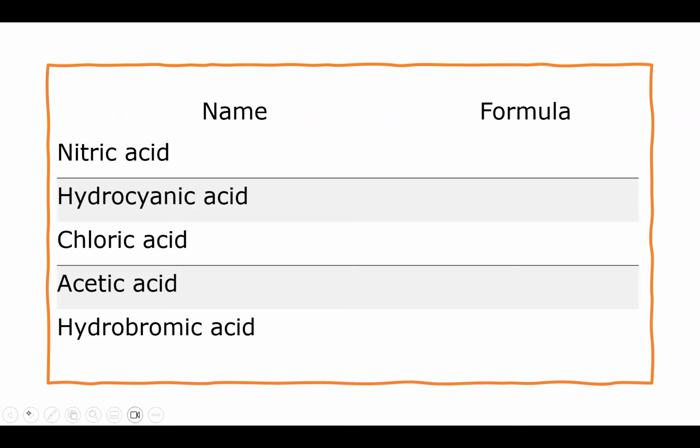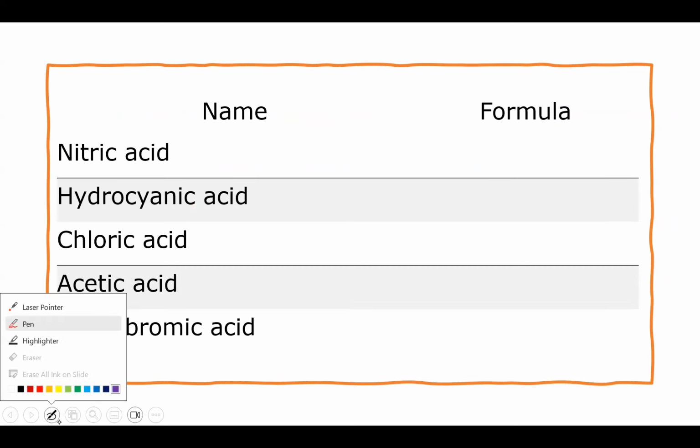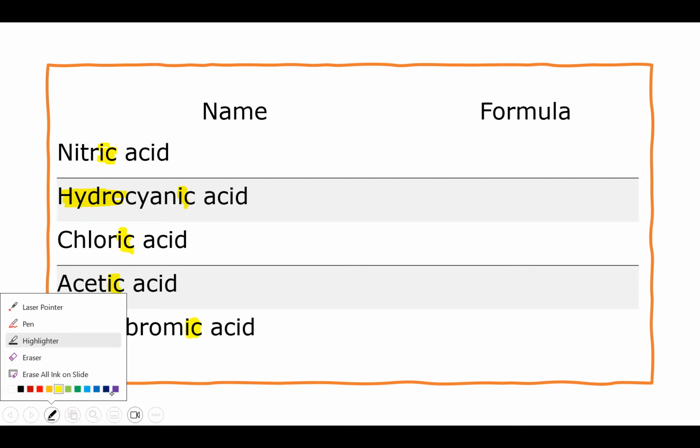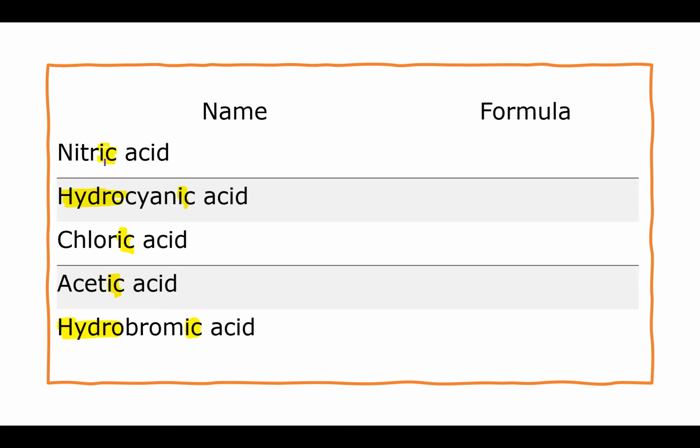Looking at some of these examples, I'm going to highlight what the endings are. Here we have ic. Here we also have ic, but we see this hydro. Here we have ic again, and then hydro and ic. Identifying that is important because now we can say, if it is ic, it would have been "ate."